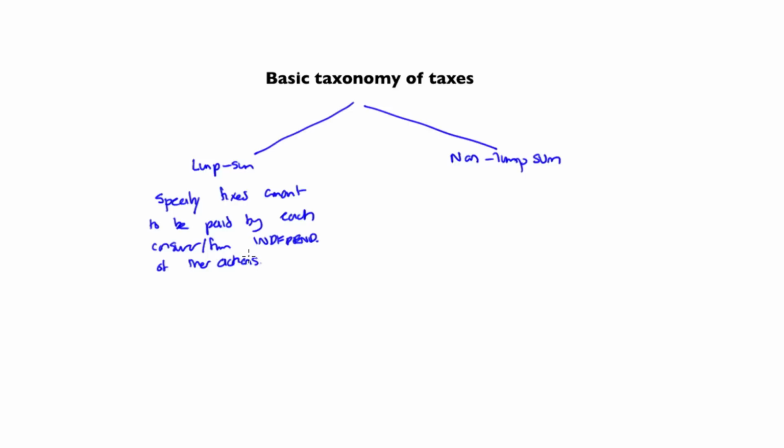It just says John Smith pays $1,000, Pedro Lopez pays $5,000, independent of what they do. And by the way, we're going to denote positive amounts as taxes, and negative amounts as transfers to the consumer or firm.